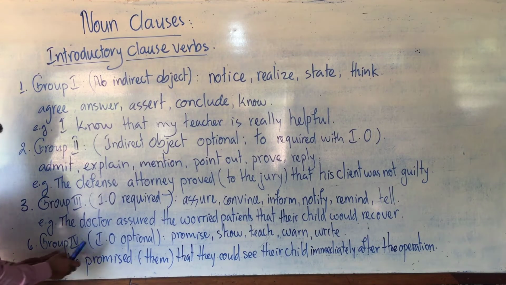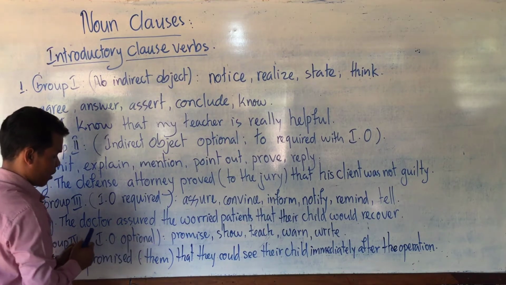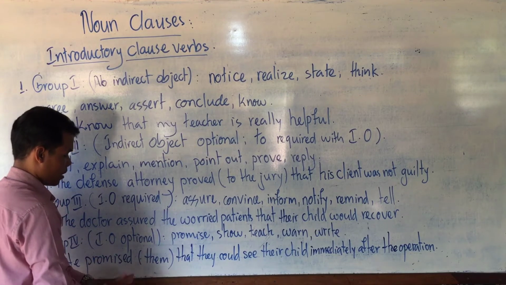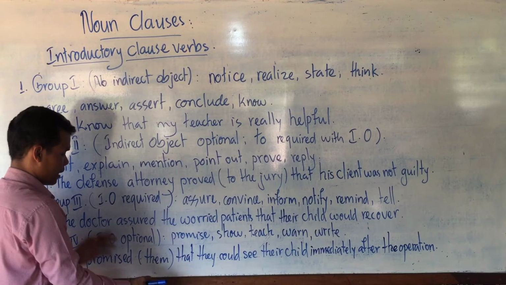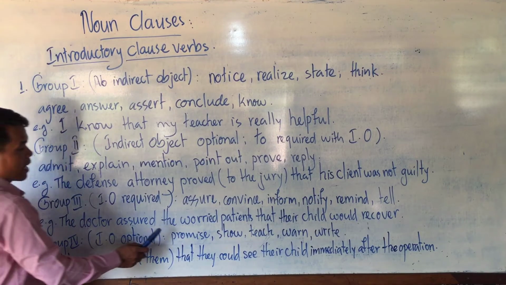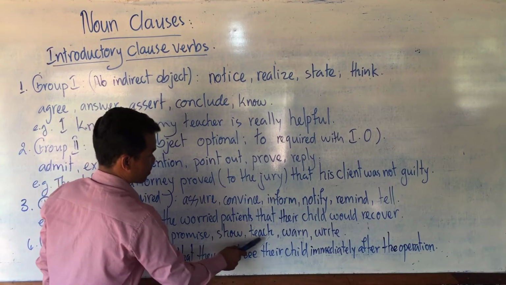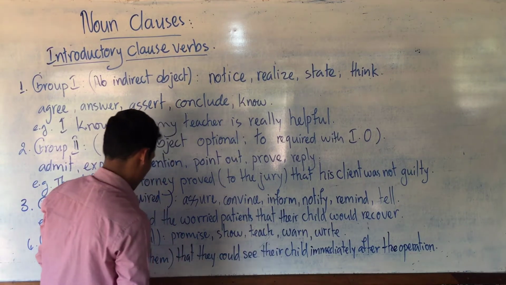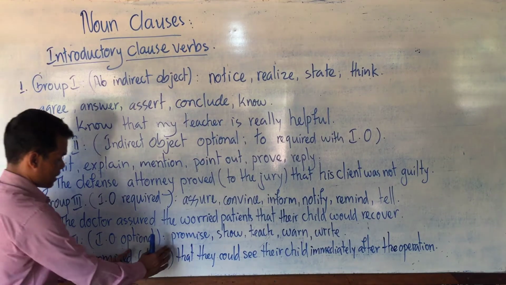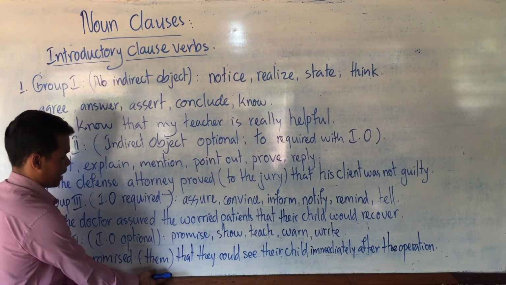Group number 4, indirect object is optional. It means that if you want to retain the indirect object, it is okay, or if you want to delete it, it's okay. What are the verbs in this group? They are promise, show, teach, warn, and write. Look at the example. He promised (them) that they could see their child immediately after the operation. In brackets, it is optional.